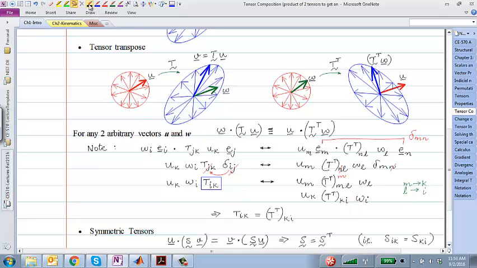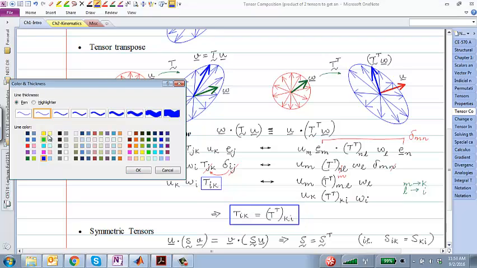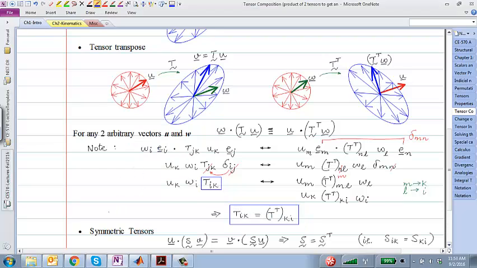That immediately means, for this expression right here that I've written, that the components of T are the transpose of the components of T transpose. No surprises there, right?